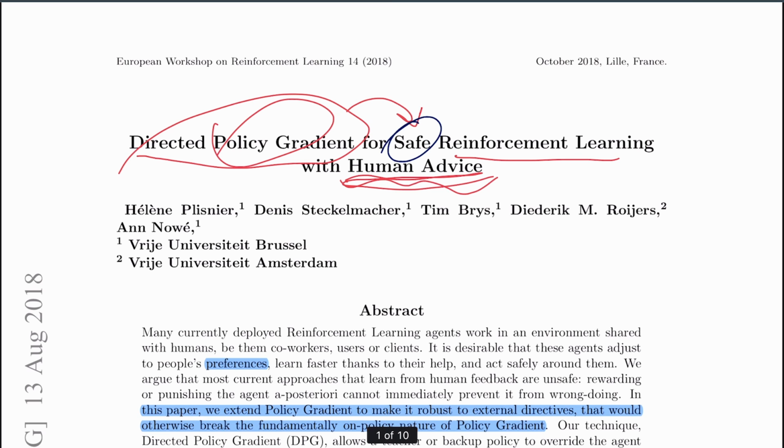It will work mostly for safe reinforcement learning scenarios, but I don't know if that's true, because their environment was pretty straightforward, the one that they've used in this paper, and that did not have any concerns with respect to the safety of the agent or the human or any other entity. So I think this could very well be improved if they have a discussion on the safety of things.